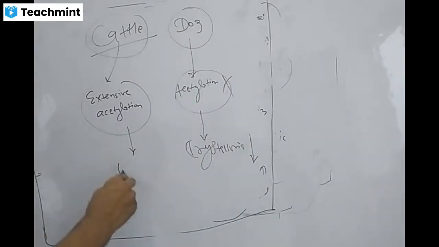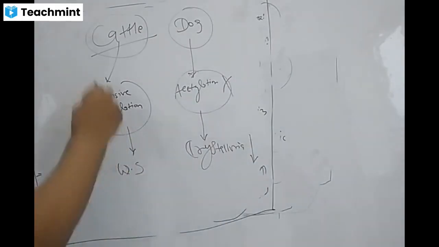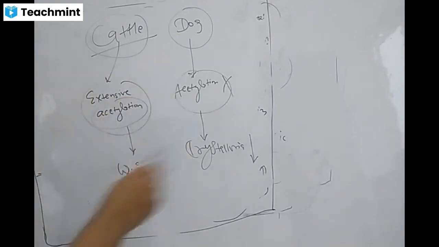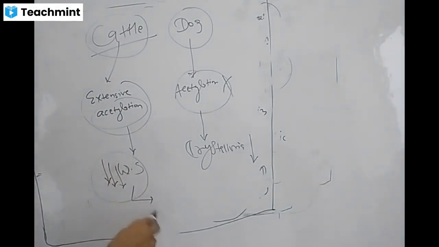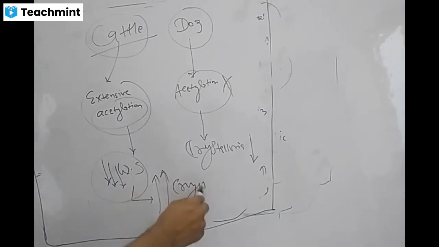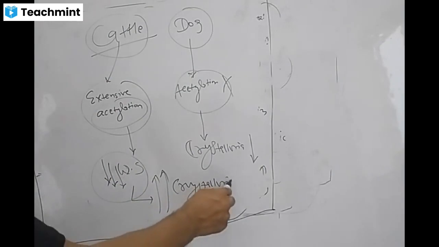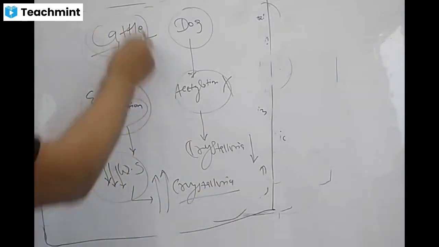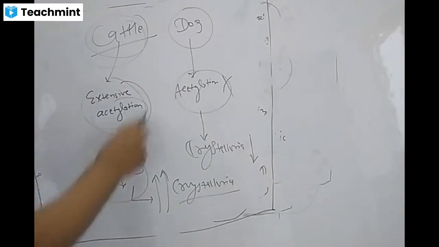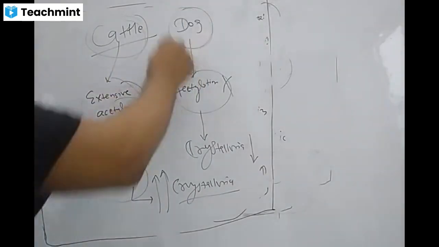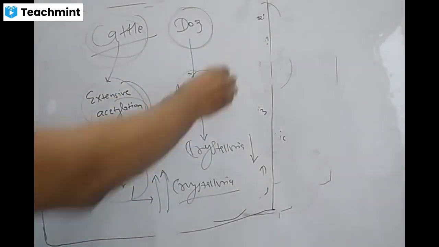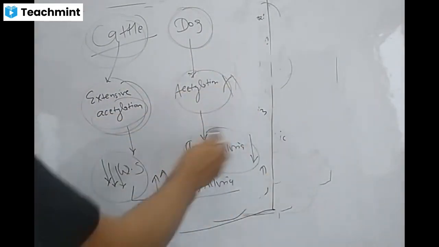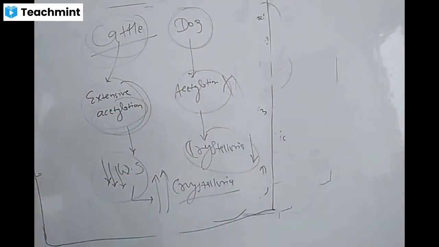Extensive acetylation means metabolite will be formed, and in case of acetylation, the metabolite is always less water soluble. If it is less water soluble, that may lead to increased chances of crystalluria. So in case of cattle, sulfonamides are more toxic than in dog. In dog, acetylation is absent, so no crystalluria, no renal toxicity.